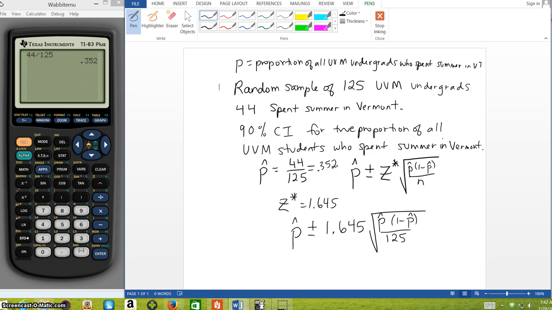So the way that you do that is you use this button here. It's called the Store button. It takes the answer and puts it into a particular place. Now we can use the X button.